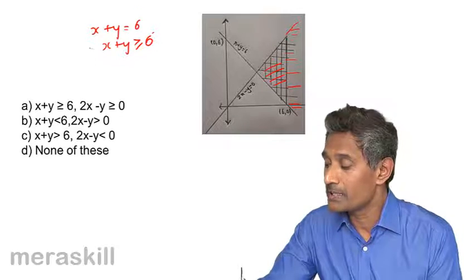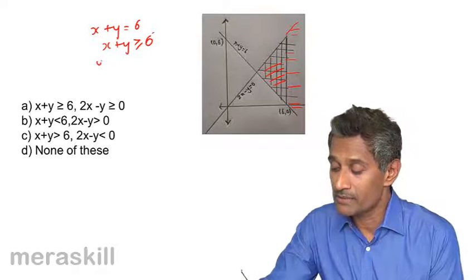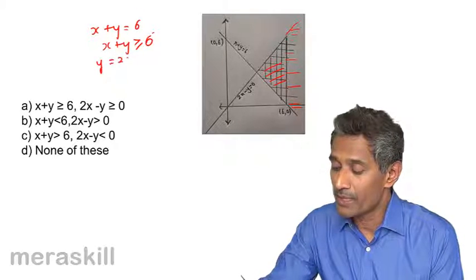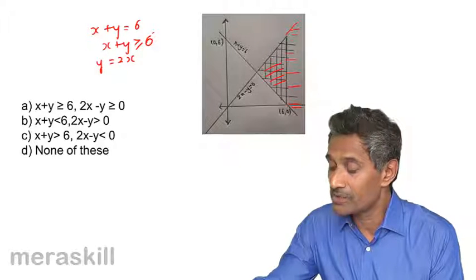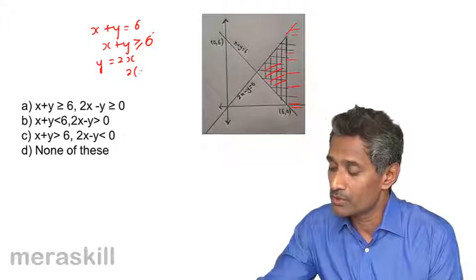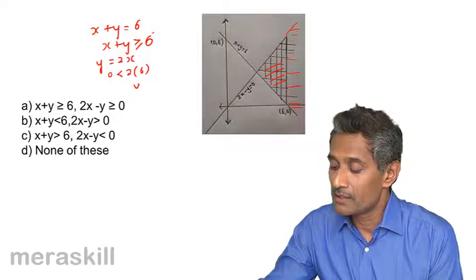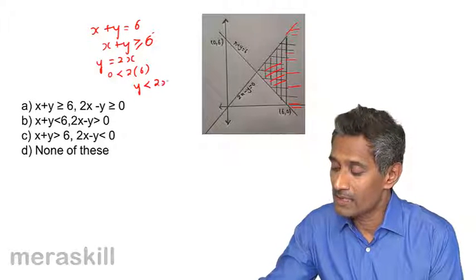Consider 2x minus y is equal to 0. This means that y is equal to 2x. So you consider any particular value 6, 0, so you get 2 into 6, and this is 0. 0 is definitely less than 12, so y is less than 2x.